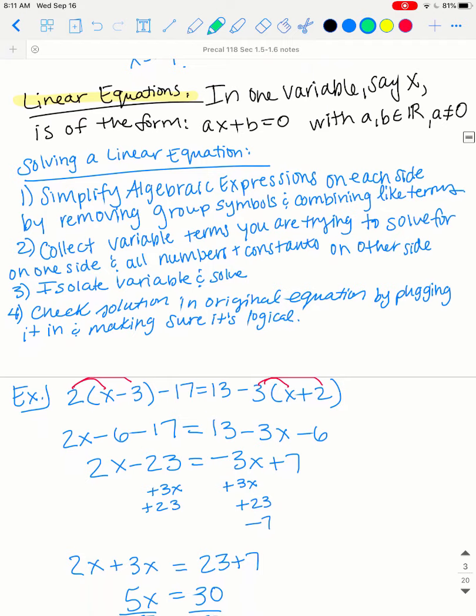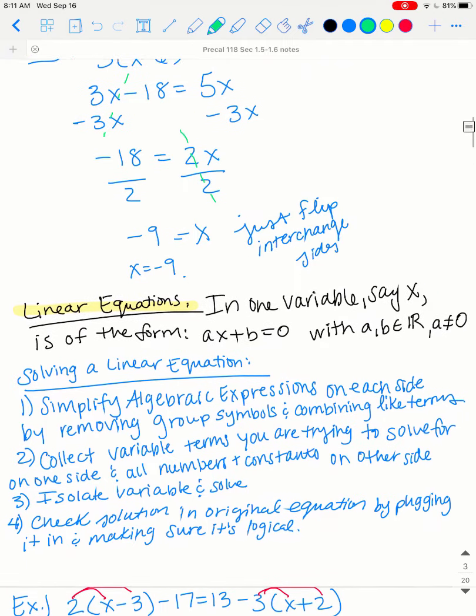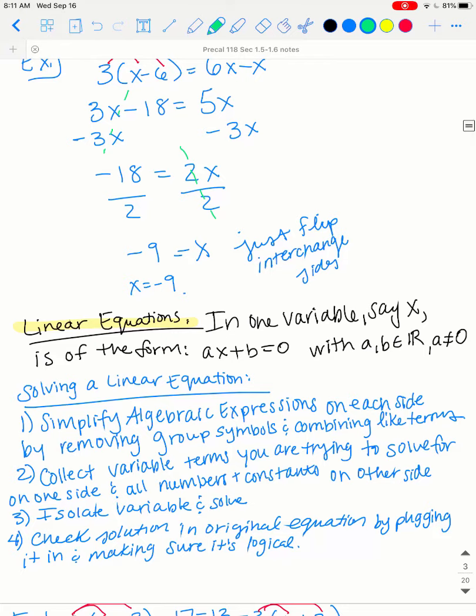So linear equations are in one variable, say x, and they are of the form ax plus b equals 0, with a and b in the reals, and a is not equal to 0. To solve a linear equation, we simplify. The first step is to simplify algebraic expressions on each side by removing grouping symbols and combining like terms.